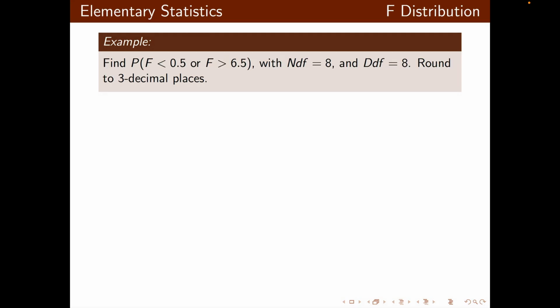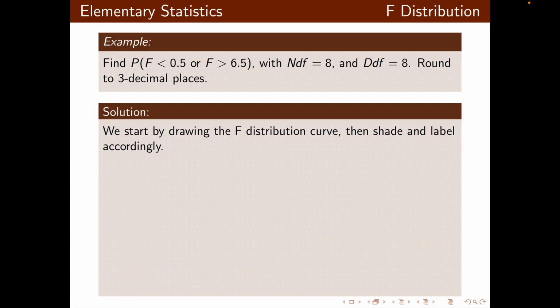In this example, we're going to find the probability that f is less than 0.5 or f is greater than 6.5 with both numerator degrees of freedom 8 and denominator degrees of freedom 8. Again, we're going to round to 3 decimal places. We're going to start by drawing, labeling, and shading.